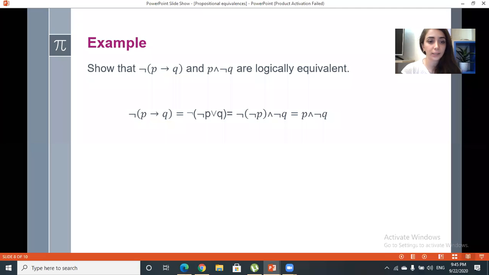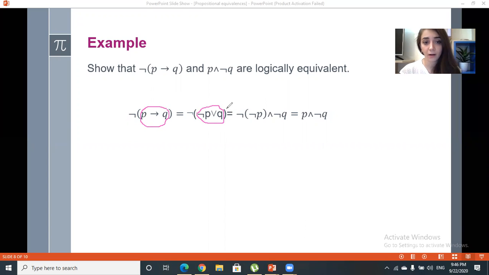Look at this: P implication Q. In our previous slide, we proved that P implication Q is equal to negation P disjunction Q. You can watch this video, I will add it.